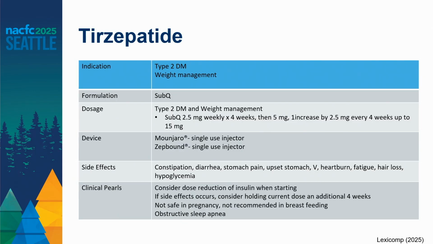So Mounjaro, sorry, I was trying not to use brand names, but it just got an FDA approval for OSA as well. So that actually helps. If you're able to reduce the amount of weight that a patient has, you might be able to improve their symptoms. Same side effects though, right? You're reducing gastric transit time.